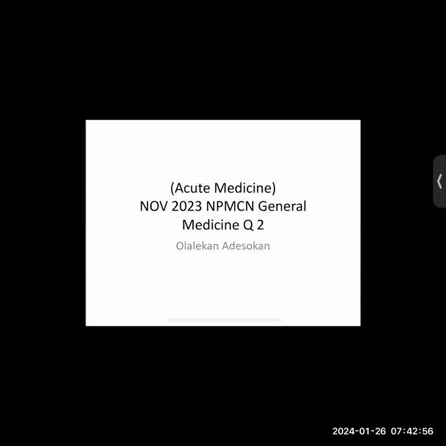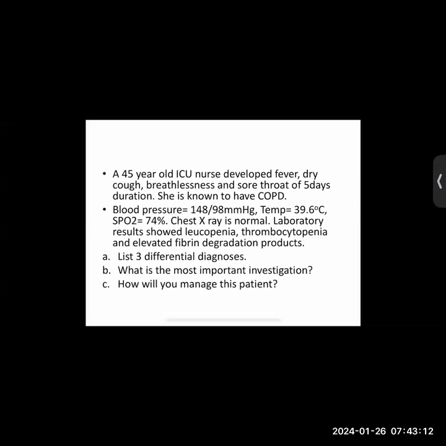Okay. Good morning, teachers and all our colleagues. So I'll be taking question 2 of national recall. Please, can you move to the next slide? The question is a 45-year-old ICU nurse who developed fever, dry cough, breathlessness, and sore throat of 5 days.